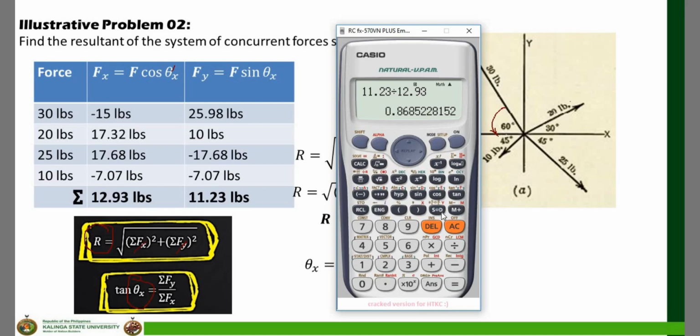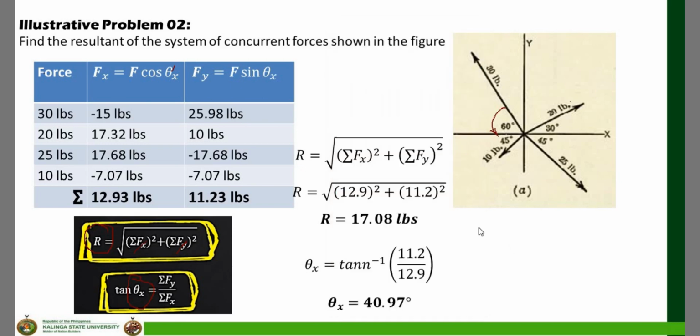Since we are looking for the value of theta x, do not forget to get the inverse tangent of your answer. That is equal to 40 degrees, 58 minutes, 30.22 seconds, or simply 40.98 degrees. This is my answer. Okay?